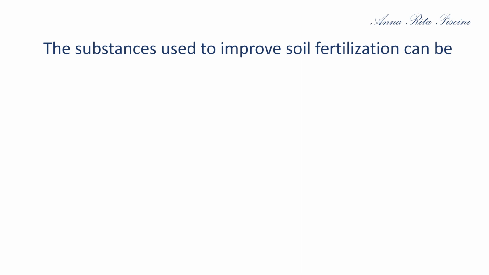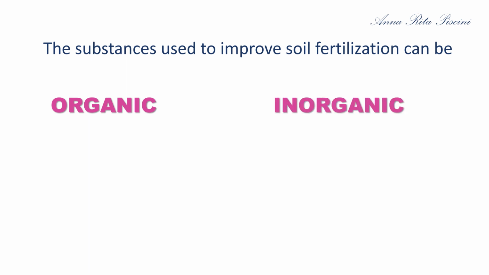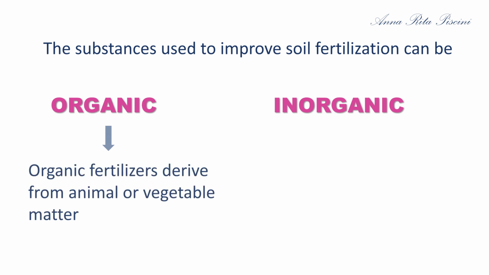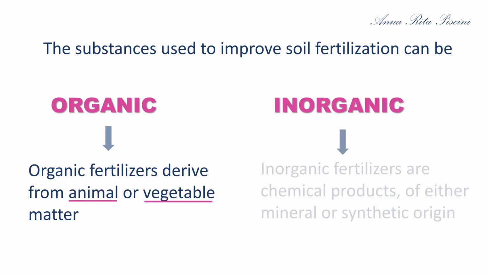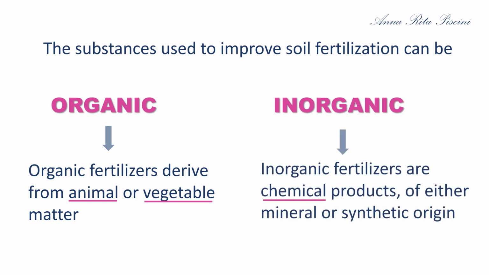The substances used to improve soil fertilization can be organic or inorganic. Organic fertilizers derive from animal or vegetable matter. Inorganic fertilizers are chemical products of either mineral or synthetic origin.